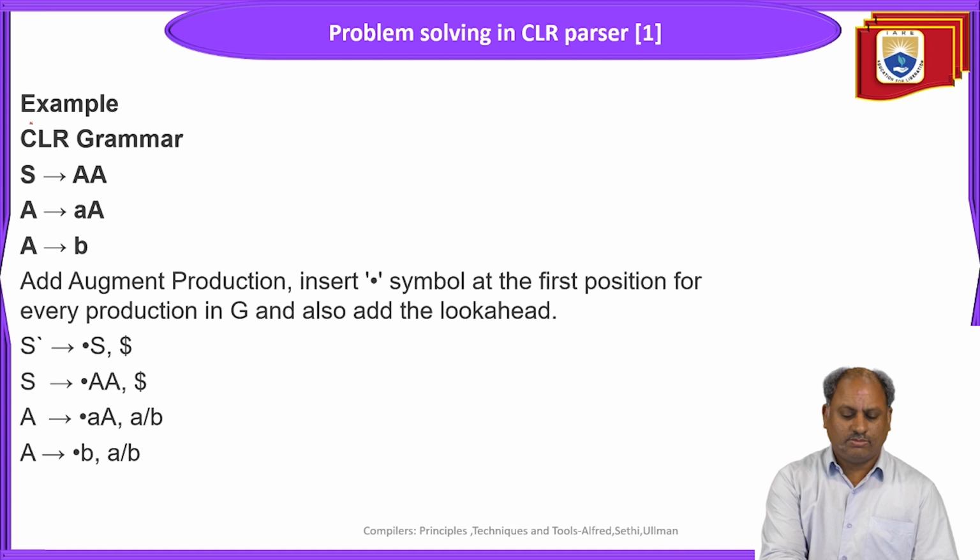So this is the example that is to be considered to solve the CLR grammar. In this grammar the productions are given: S derives AA, and A derives aA and b.